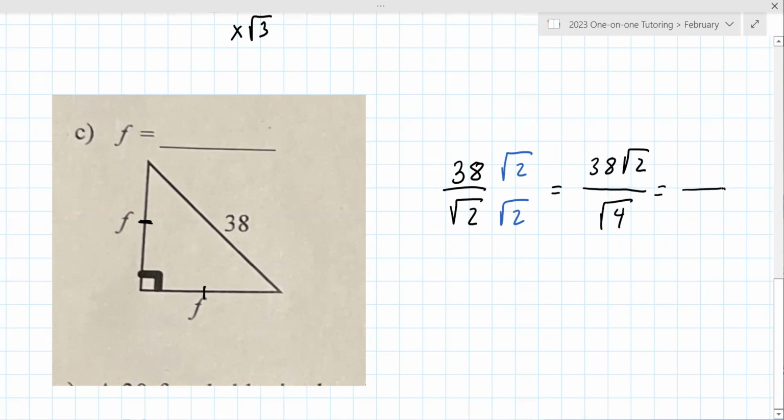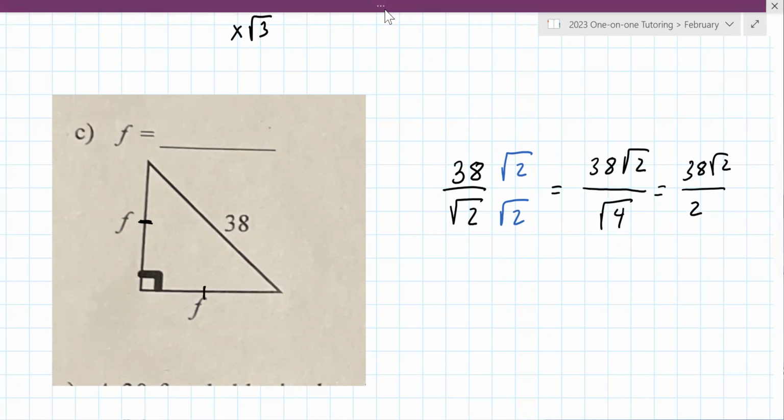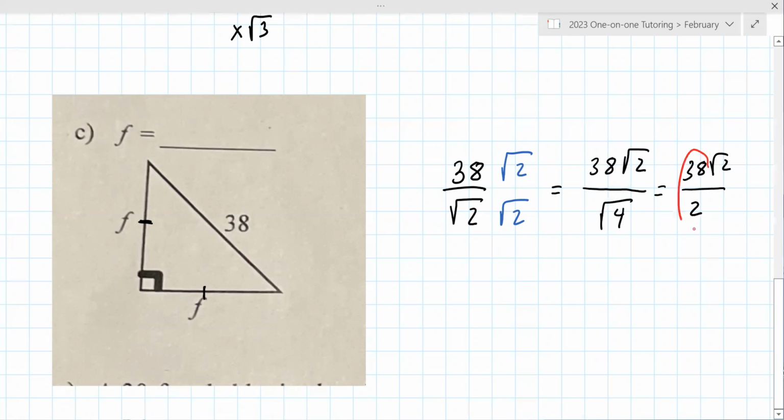And what does the square root of 4 reduce to? 2. Can you divide 38 by 2? Yes. What is that? 19. 19 square root of 2. Good. So that's your answer.